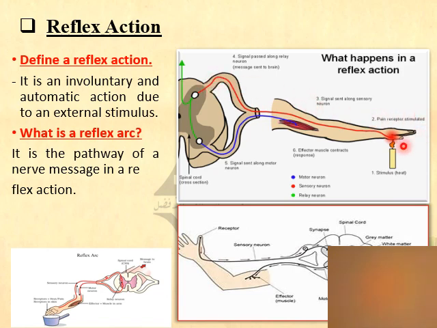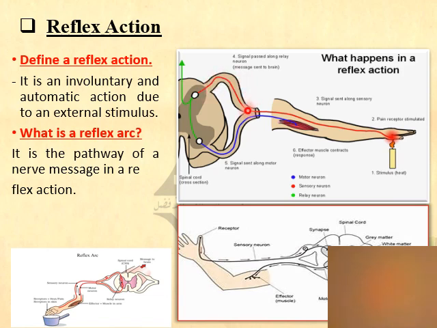Since this message is received by our sensory organs, it is called a sensory message, which is going to be taken by the sensory neuron. Look how long it is. So the sensory neuron is going to take the message from the sensory organ to enter inside the spinal cord through the dorsal root, as you see.